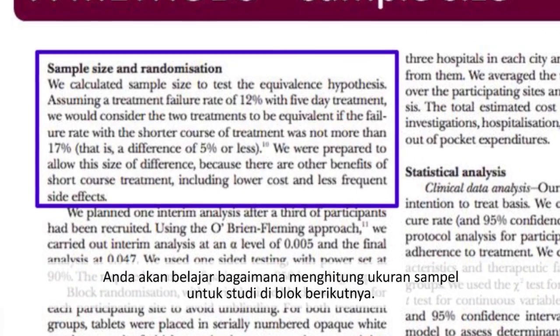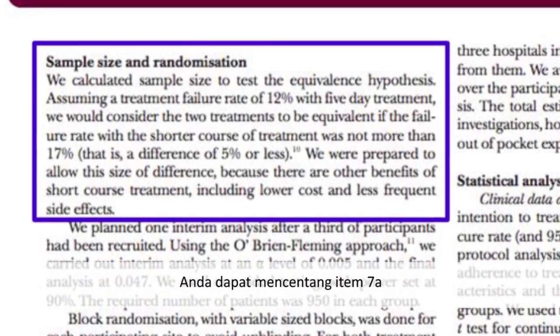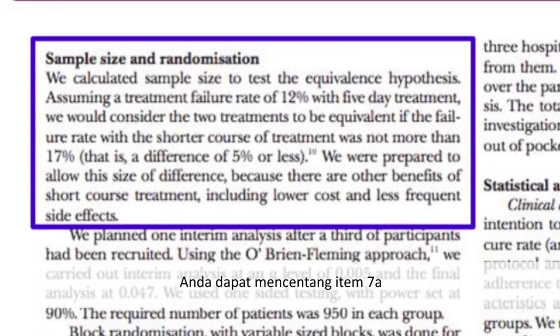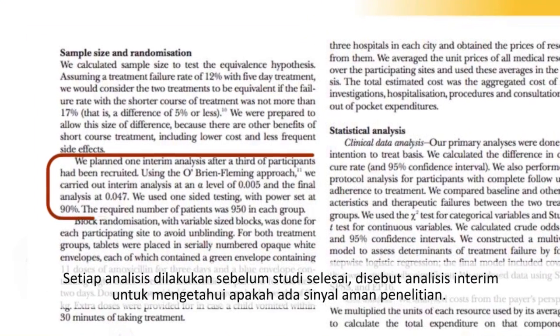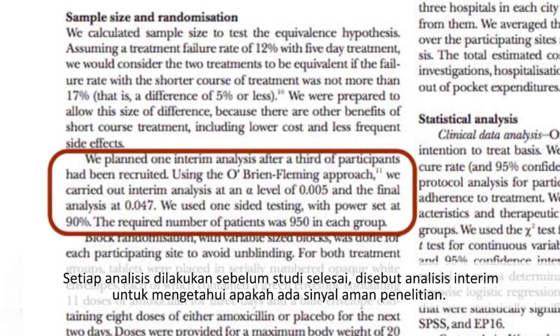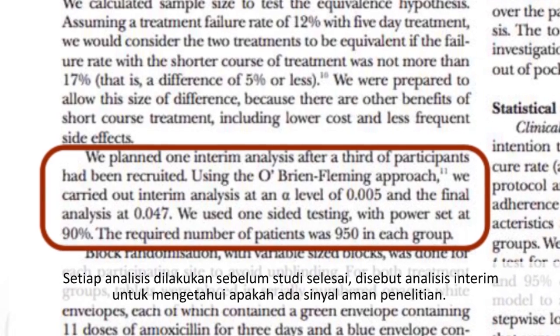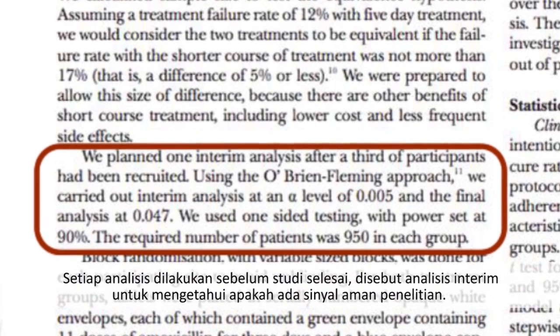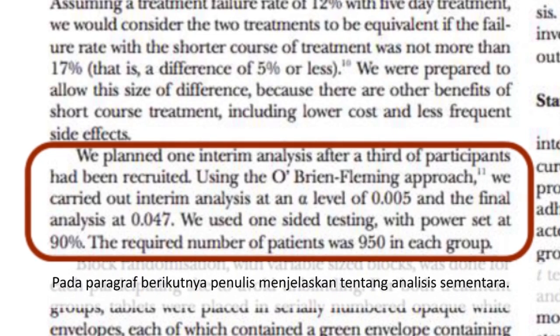You will learn how to calculate sample size for a study in the next block. You can check off item 7A. Any analysis made before the study is completed is called an interim analysis, to find out if there is a safety signal in the study. In the next paragraph, the author explained the interim analysis.